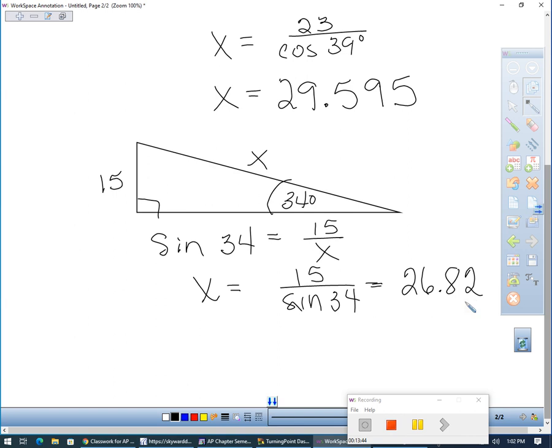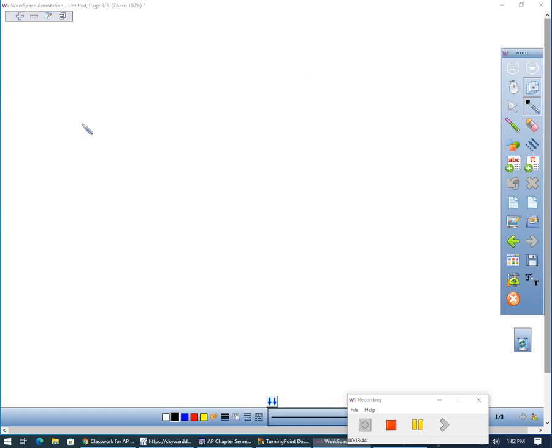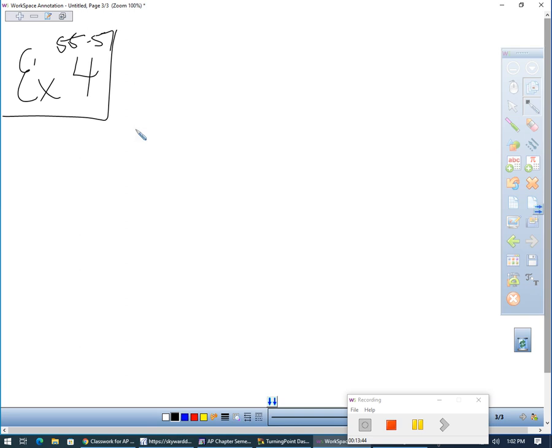I have one more problem I want to talk about. One last one. And actually, where do I have you going to? 57? So it covers the last 2 problems. In the last 2 problems, so example 4, this is 55 and 57. You're going to be given 2 pieces of information.